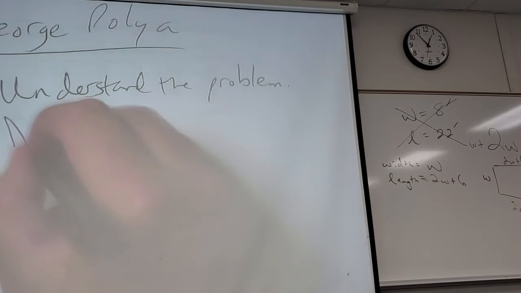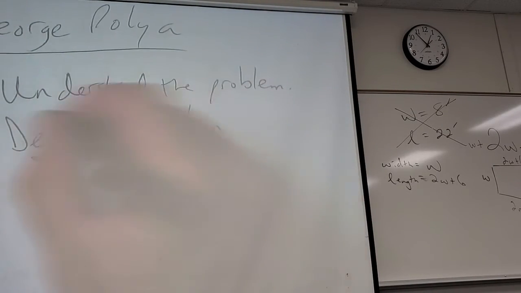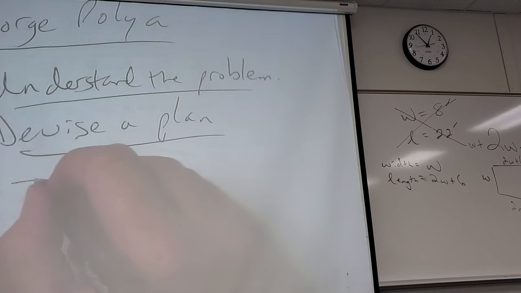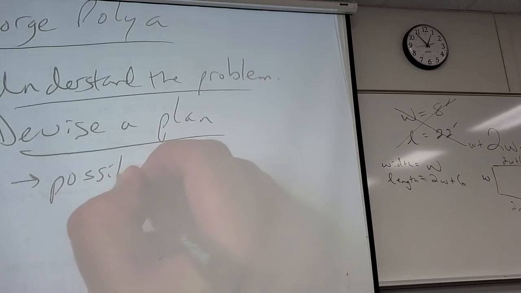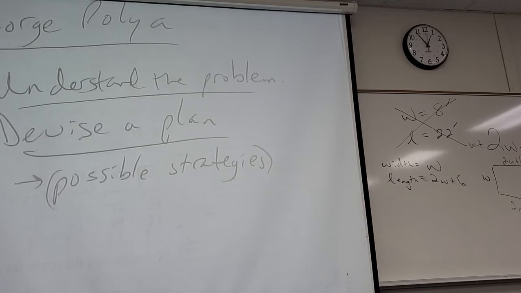Second thing is devise a plan. I'm going to show you in a minute possible strategies to use. The devise a plan step could be draw a picture to start with. It could be guess and test, and there are a few different types of guess and test we're going to talk about.